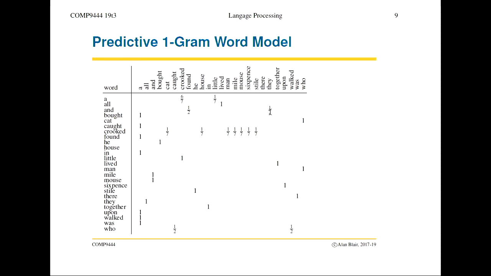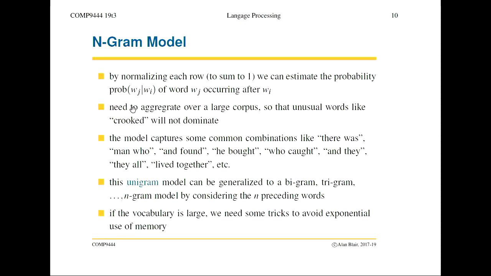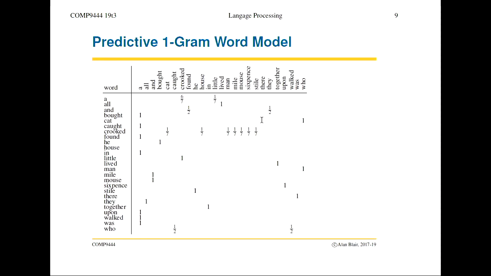Now, we would need to aggregate over a large corpus, because if you just look at one document, unusual words like crooked will dominate. But if you average over a lot of documents, that won't happen. This does capture some common phrases.